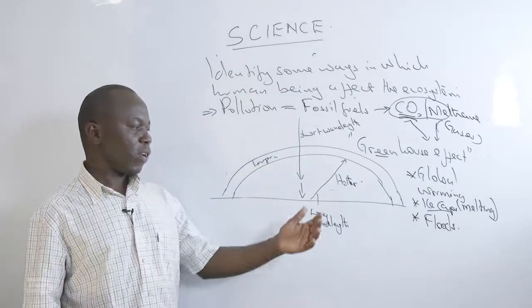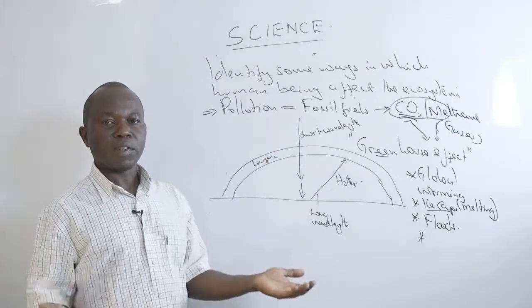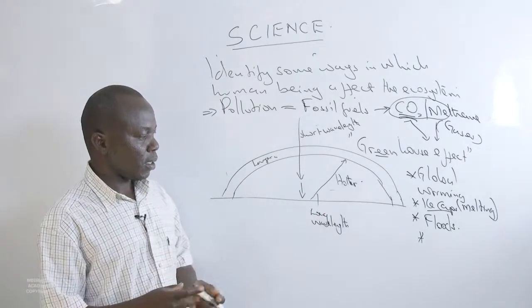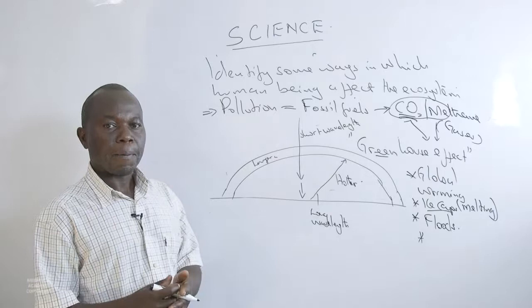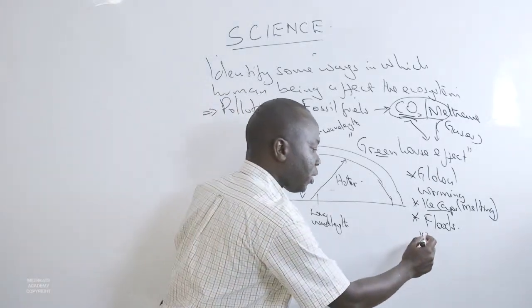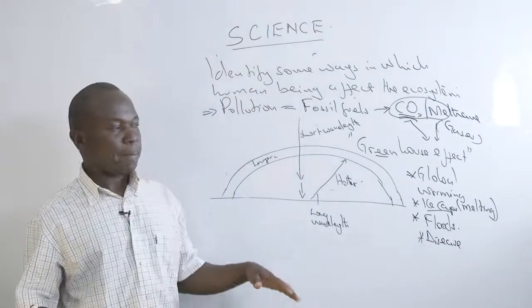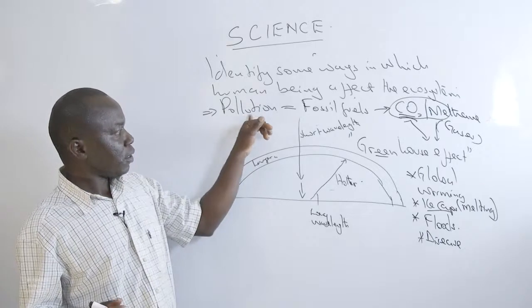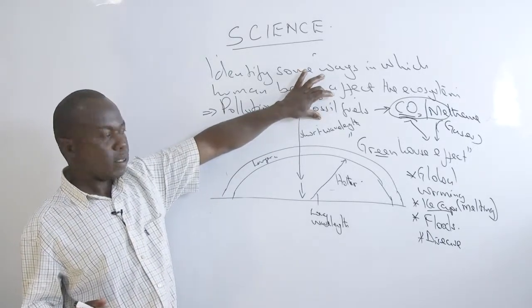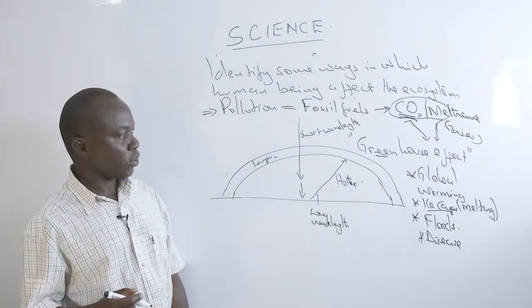And you know the effect of floods. When, for example, a sewage system is blocked, the waste will be floating all over. It comes with diseases. This is a wider concept, but in the end, it was just pollution through fossil fuel combustion that has led to all of this series of actions.